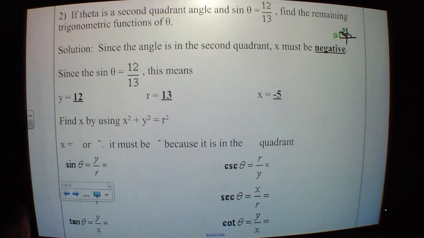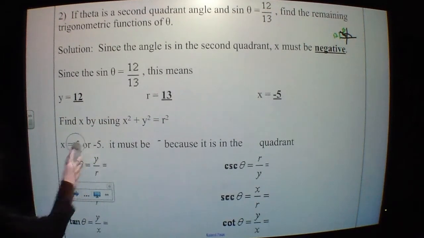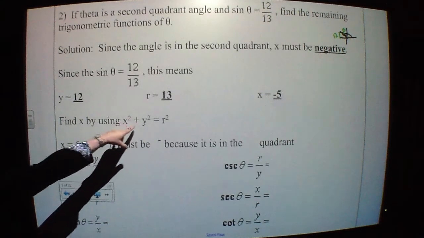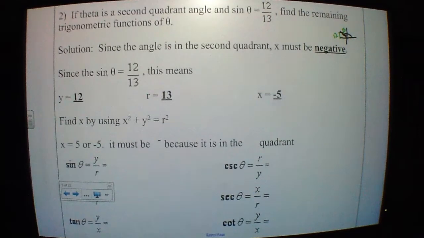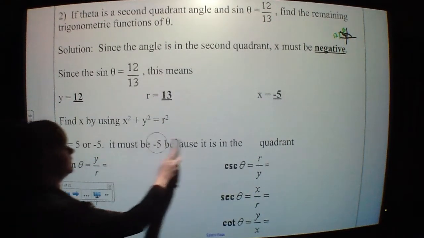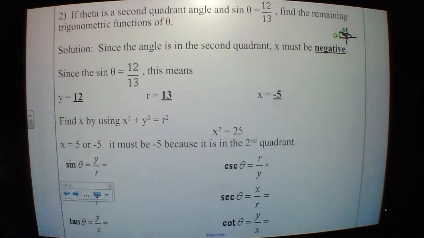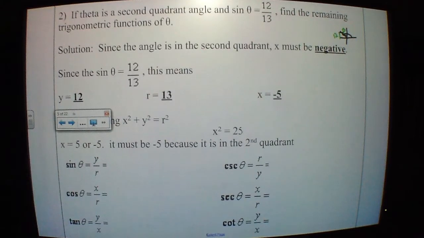Okay? So if you memorize it, that's fine. If you do it from the formula here, you solve it, you get plus or minus 5, and then you look at what quadrant it's in. And then you realize, oh, I'm in the second quadrant, so x is negative in that quadrant. And now that I have all of them, all you do is plug in what you know.